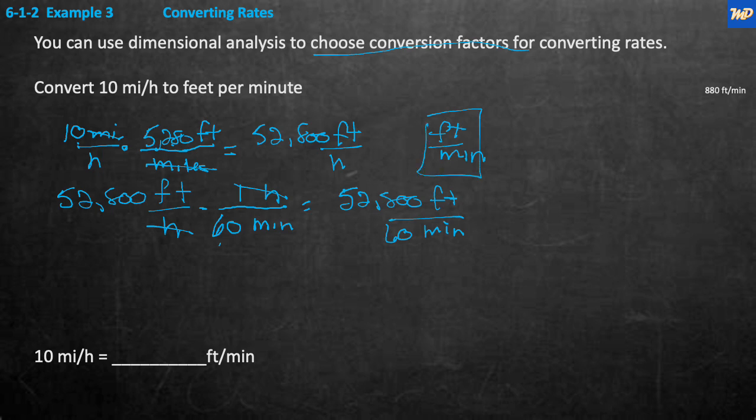I've made it. I have 52,800 divided by 60. So I have to do that final division, and that will give me 880 feet per minute. Here it is, equals 880 feet per minute.